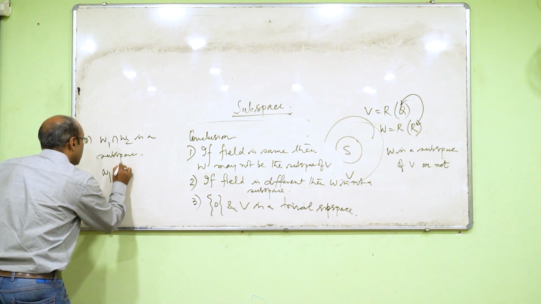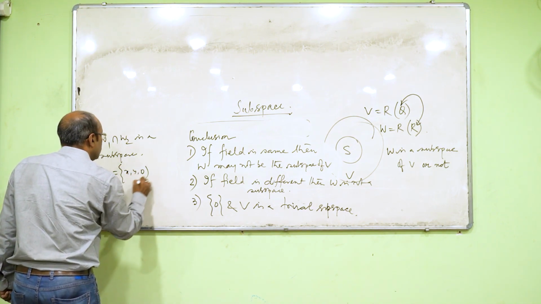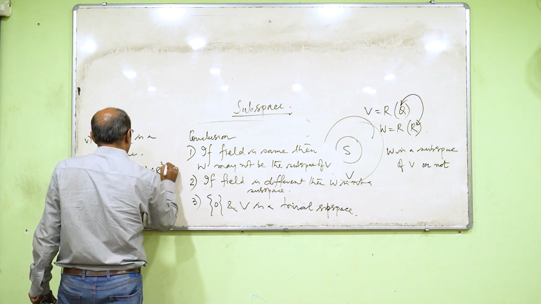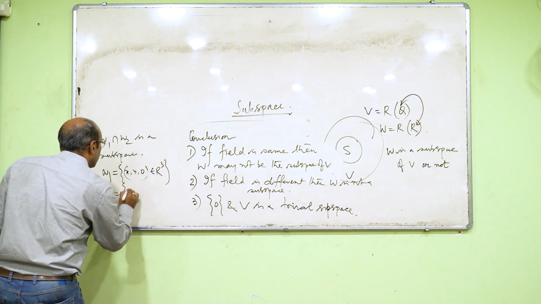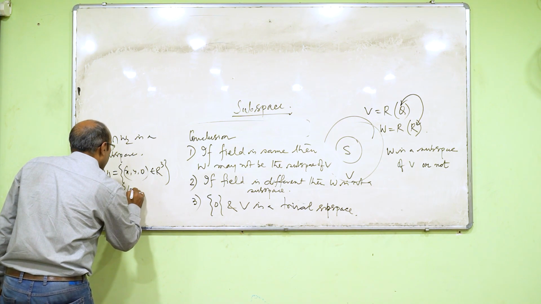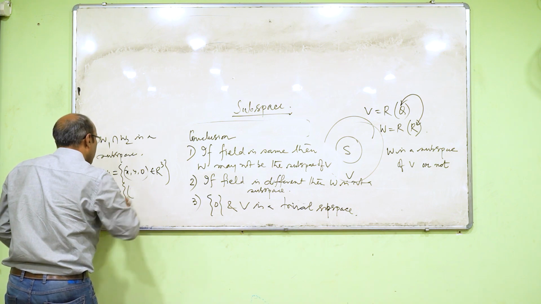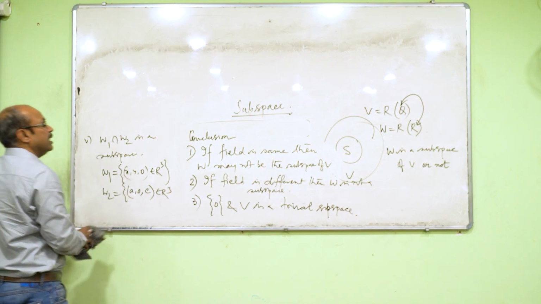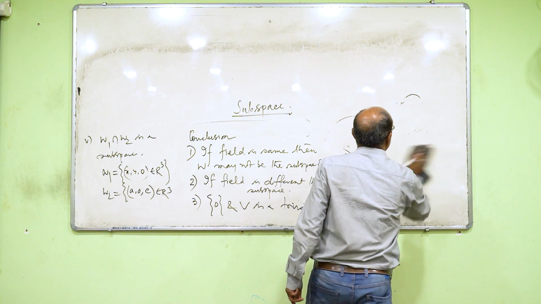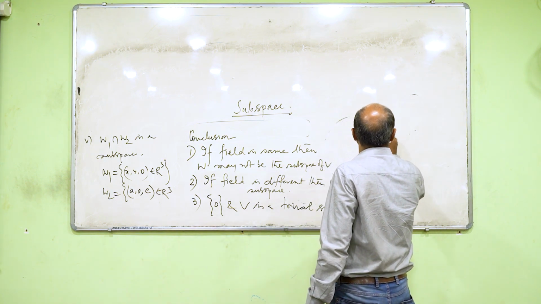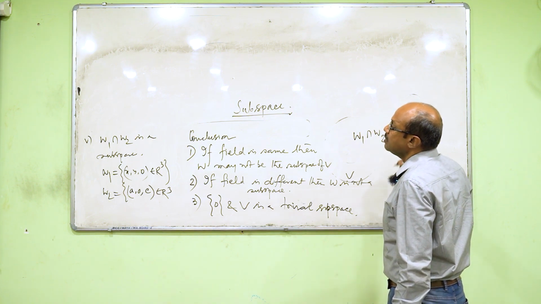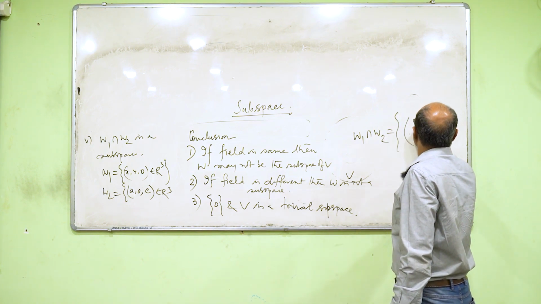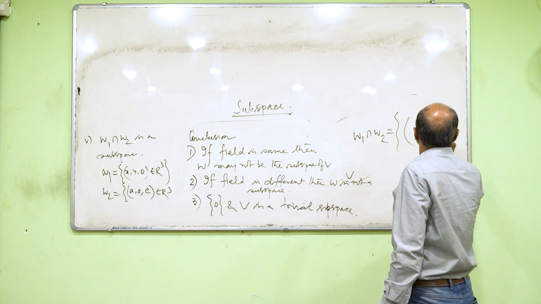If we take W1 equals (x, y, 0) in R3 and W2 equals (a, 0, c) in R3, then W1 intersection W2 will have elements of the form (x1, 0, 0).